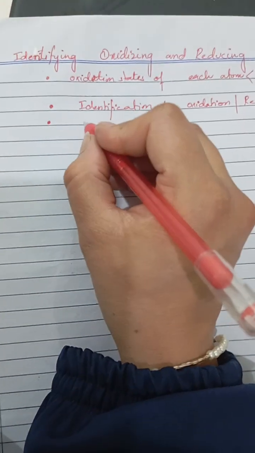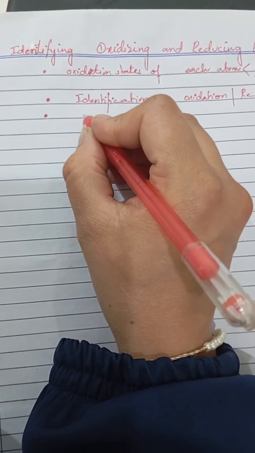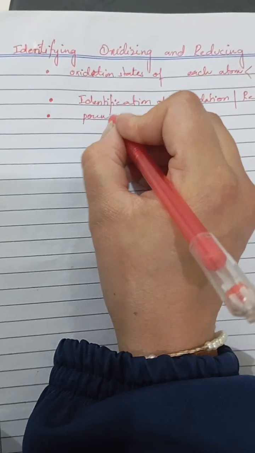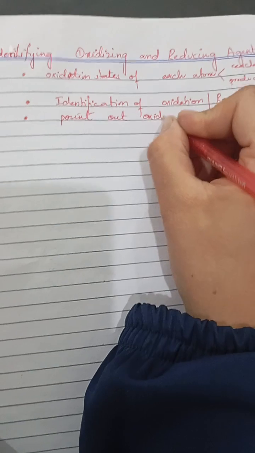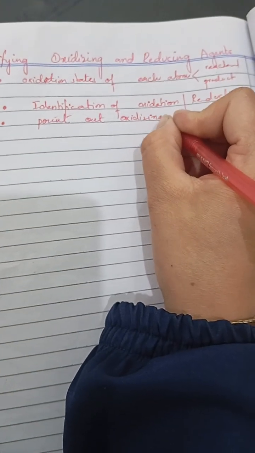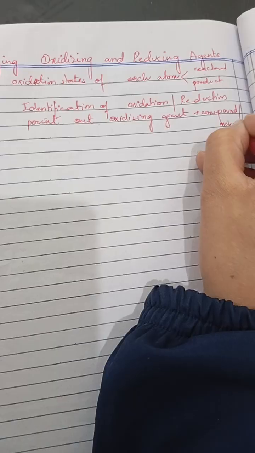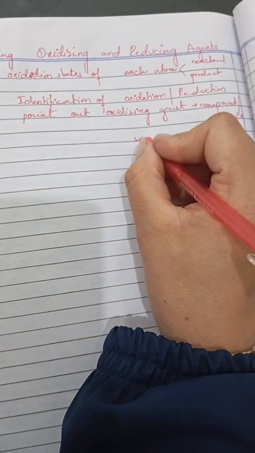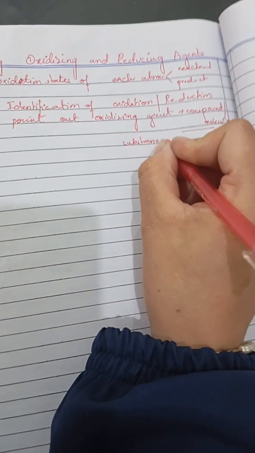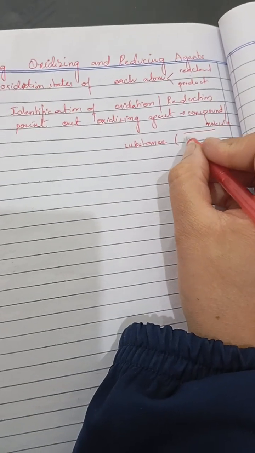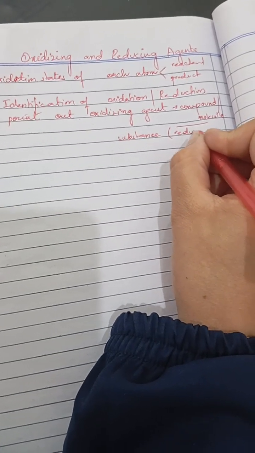The third step is to literally point out the oxidizing agent, which is the compound or molecule, or as a whole you can call it a substance, in which any one or two atoms are undergoing reduction.